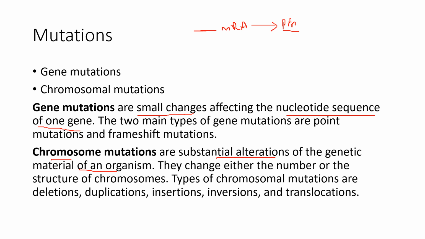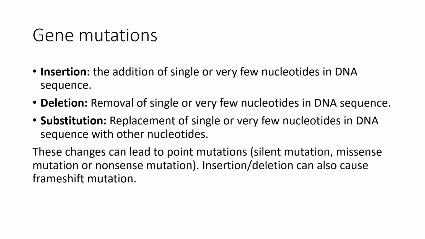Okay, the change in the number of chromosomes or structural changes in the chromosome is the chromosomal mutation. The types of chromosomal mutation are deletion, duplication, insertion, inversion, or translocation of the chromosomes. So this is the chromosomal mutation.